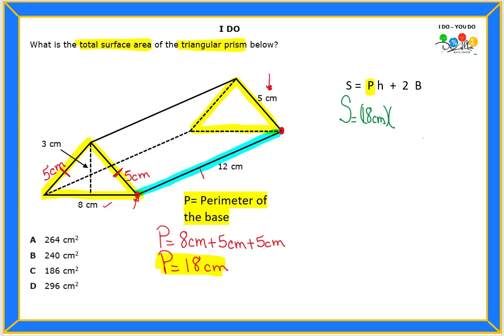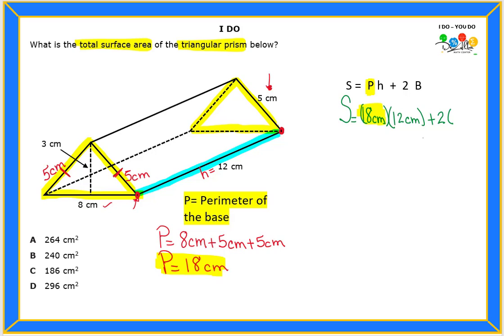Therefore, this is the height of the prism. So be very careful with that, okay? And notice how the height is never highlighted with the bases. It should never be highlighted with the bases, okay? So this will be 12 centimeters plus, there's the plus, 2 times capital B.